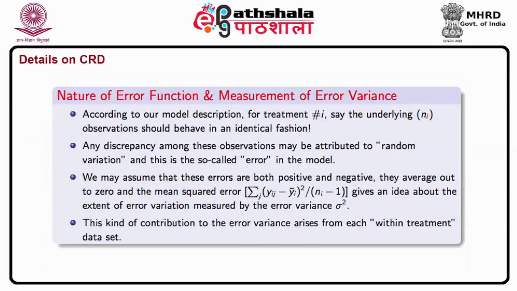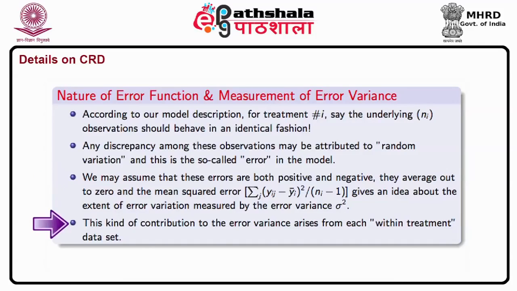We may assume that these errors are both positive and negative. They average out to 0, and the mean squared error, that is sum over j Yij minus Yi bar square by Ni minus 1, gives an idea about the extent of error variation measured by the error variance sigma square.